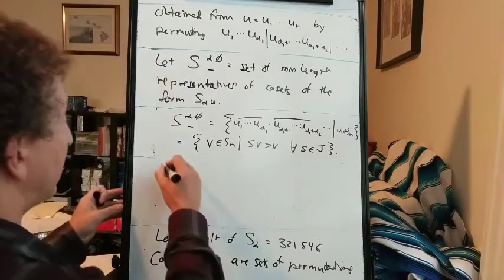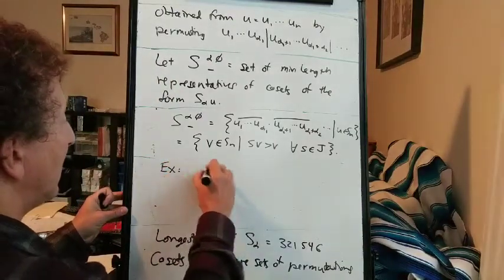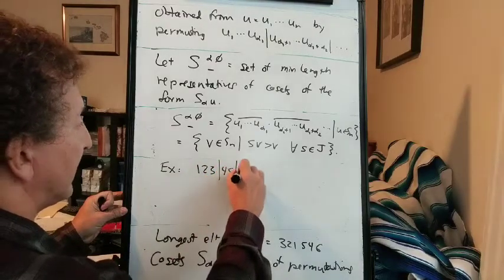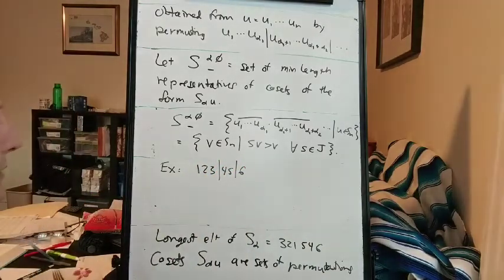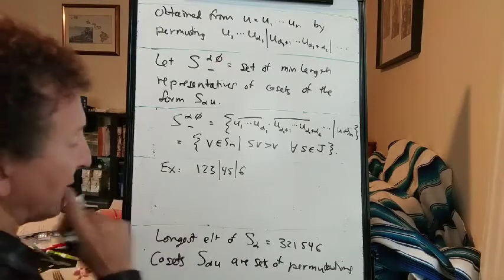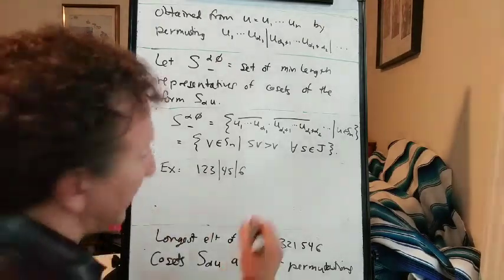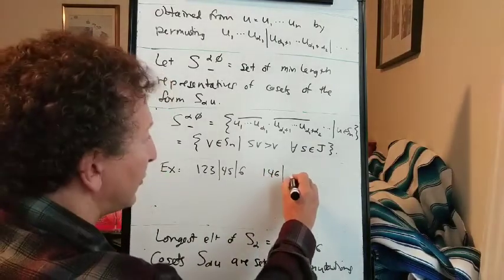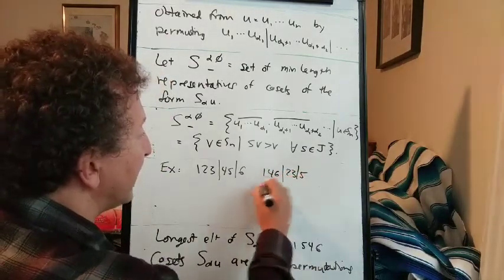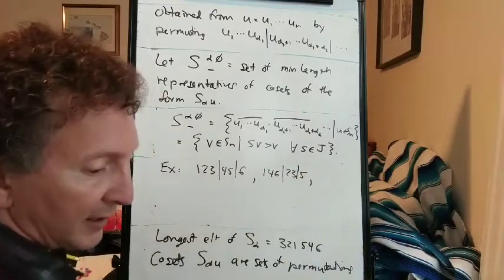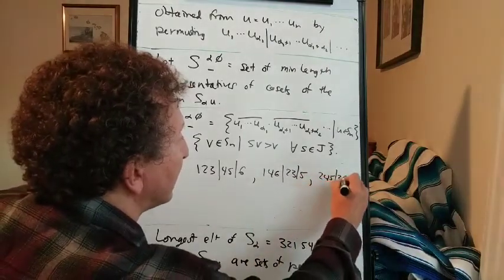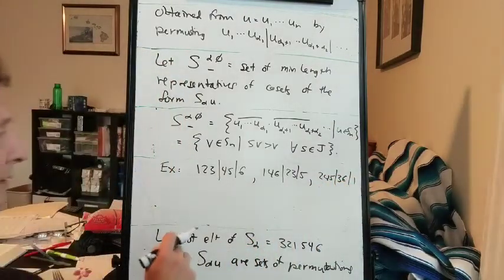So for example, I'll put bars here just to separate the sections. Here's one minimum length coset representative: it's the identity element. Here's another one, 1, 4, 6, 2, 3, 5. And here's another one, 2, 4, 5, 3, 6, 1.